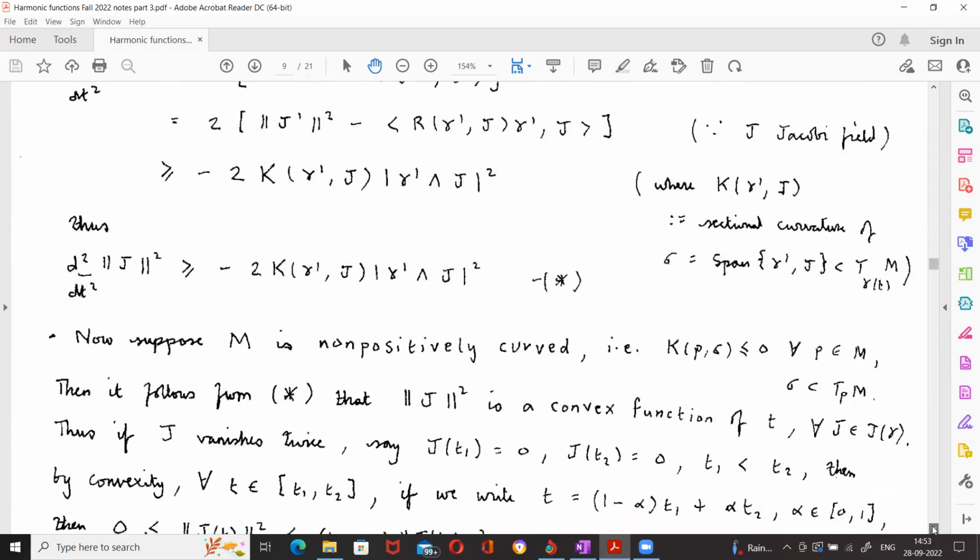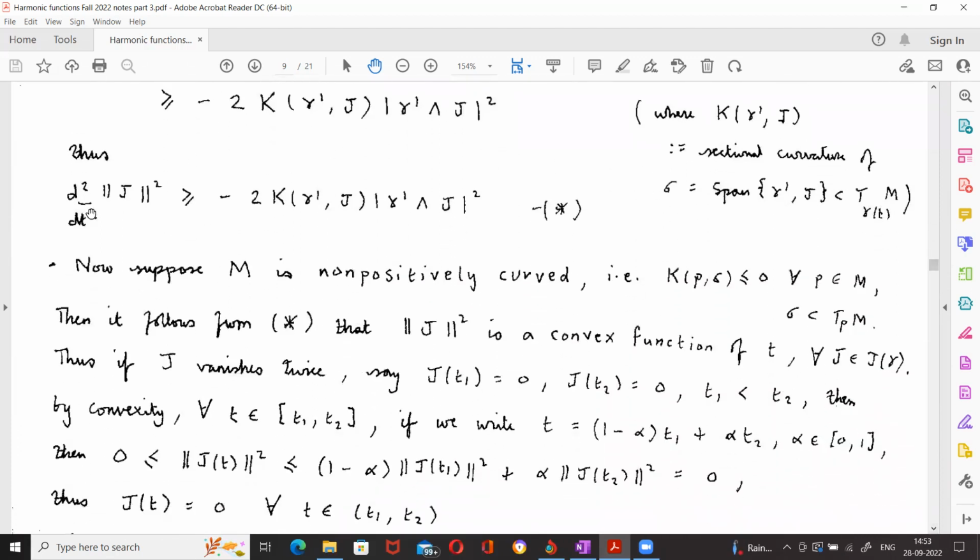So what do we get? We get that for any Jacobi field, the second derivative of norm J squared is greater than or equal to minus 2 times the sectional curvature of the span of gamma prime and J times norm gamma prime wedge J squared. Okay. So now suppose M is non-positively curved.